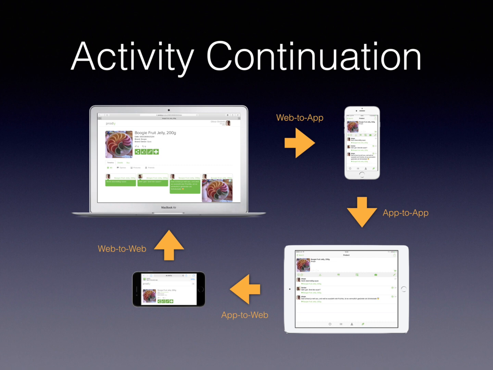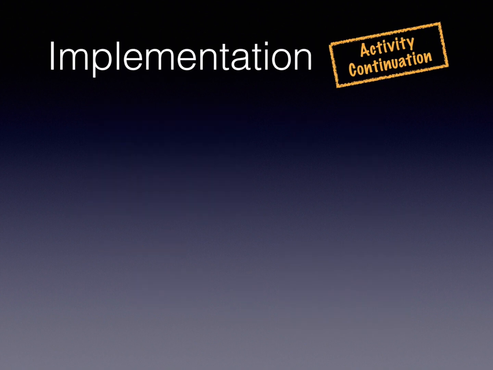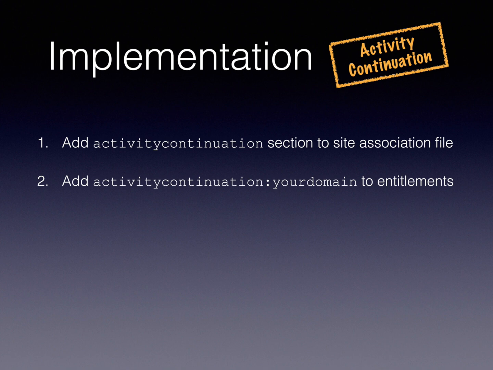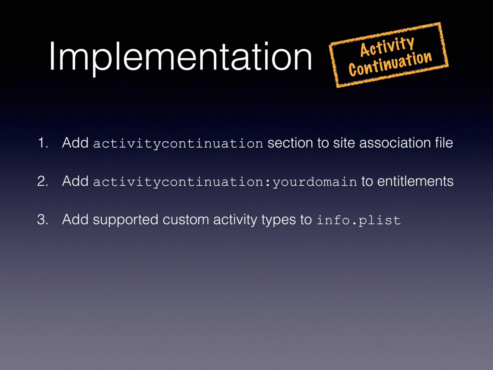So in terms of implementation, I need the activity continuation section in the association file. I need activity continuation, your domain, in the entitlements. We've seen that before. You need to add supported custom activity types to the info plist and handle the incoming activity in the app delegate.